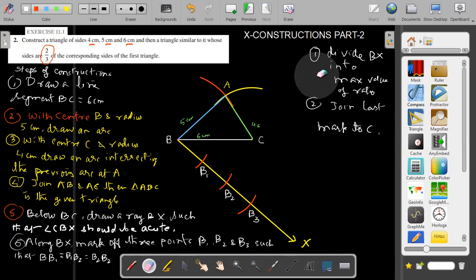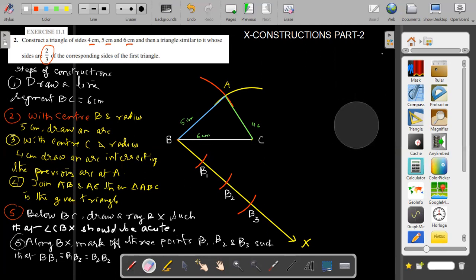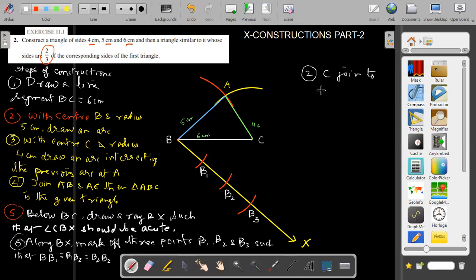So now, not the last part, the denominator part. Here it is the denominator. The second part you can change. Then join to the denominator.